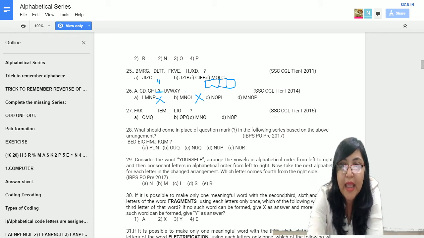Next let's see N, O, P, L. This also cannot be your answer. So this should be your answer, M, N, O, P. But if there were some different options that you could not make out, then you have to see the pattern. Let's go for the explanation as well. But you should observe the options minutely, because even by eliminating options you can get a lot of answers in a very minimum amount of time.